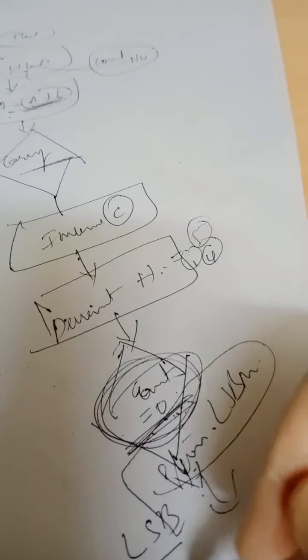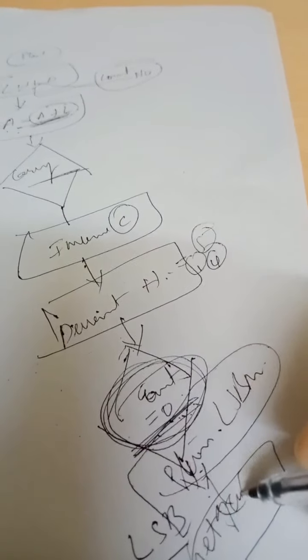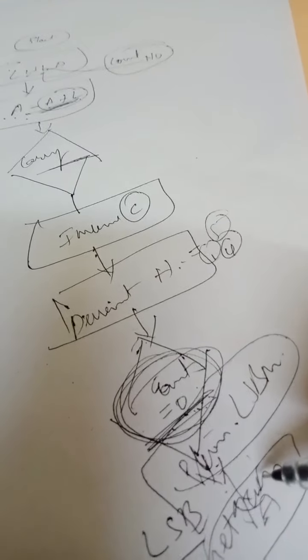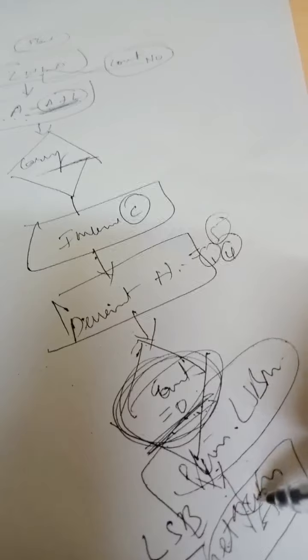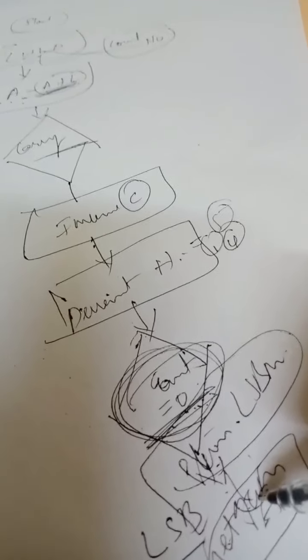After storing, we will get the contents of C in A. Whatever contents are in the C register will be given to the A register. Then MSB will be the same as it is.